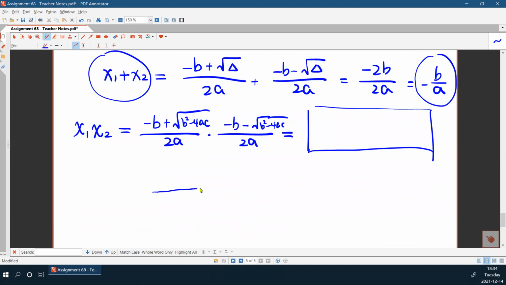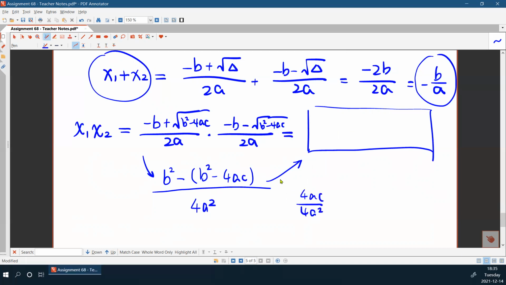Okay, if you calculate this, the denominator is 4a squared, right? And the numerator is b squared minus b squared plus 4ac. And after simplification, what should we put here? This is 4ac over 4a squared, right? And 4 cancels with 4, and a cancels with a because a is not 0. So we should put c over a, right? Can you follow me?